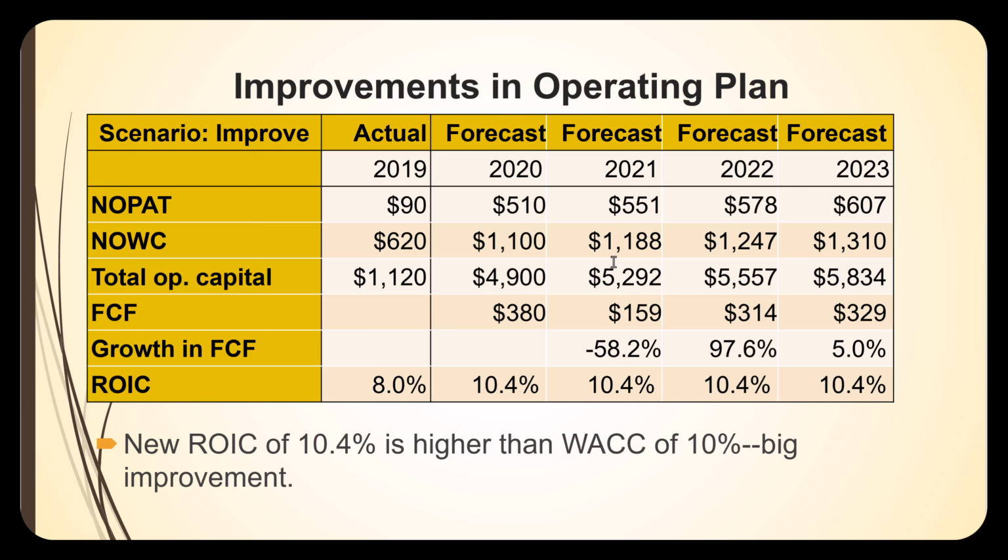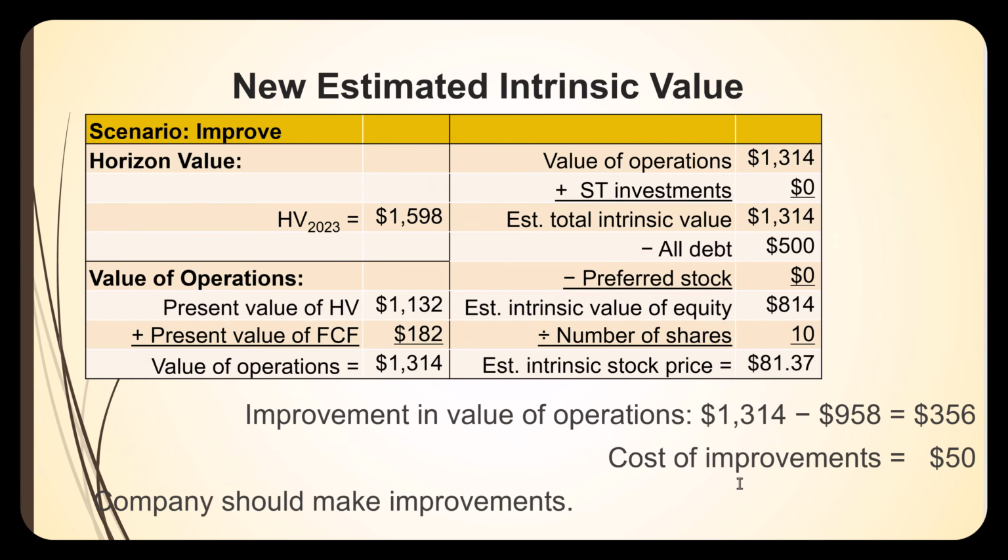So what does that do for us? Well, as far as improving the operating plans, what we really are interested in is knowing what happens to ROIC, and you can see that it's now 10.4%, which is obviously greater than 10%, which means now we're probably going to see an increase in value. We've changed our stock price now.